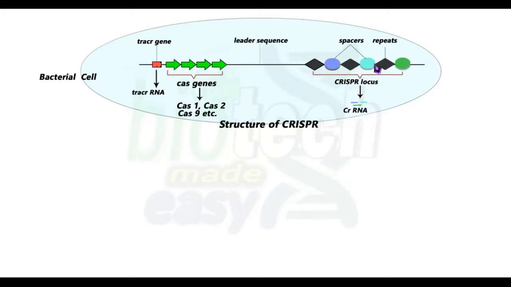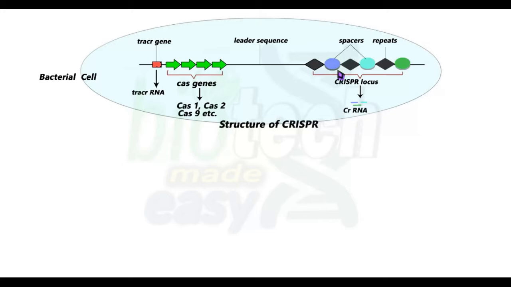The CRISPR repeats, the black ones, may be around 28 to 37 base pairs long, but they may be shorter or longer also. The spacer sequences can be 32 to 38 base pairs, although they may range from 21 to 72 base pairs. As we have already discussed, these spacers have the memory of past infections.